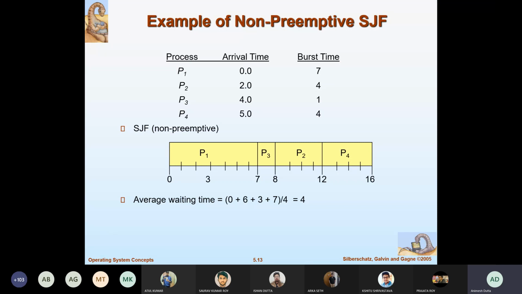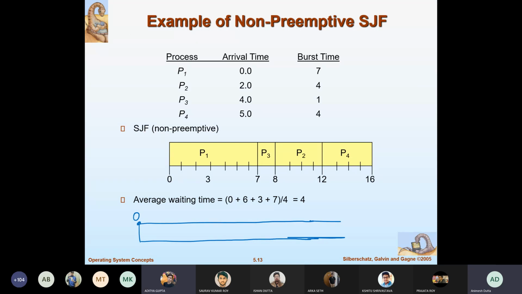Let us draw the Gantt chart. Gantt chartটা ভালো করে দেখো, the way I am drawing. At the 0th time, what are the processes in the system? P1.